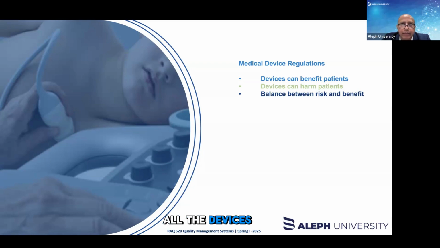All devices have a risk. If people don't use it correctly, they can cause harm or a delay in therapy, or the therapy could be wrong if, for example, a device provides a measurement that is incorrect. If the measurement is incorrect, then the diagnosis is going to be wrong.